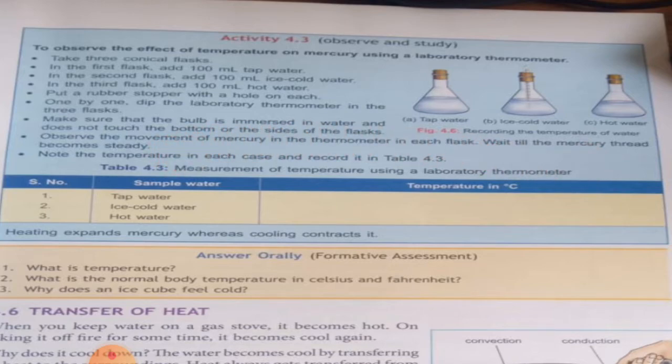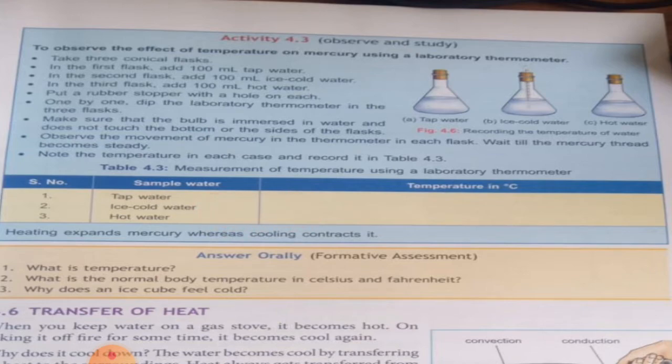Now you have to note the temperature in each case and record it in table 4.3. Here you can see that table 4.3 is given, and you have to write the temperature in front of tap water, ice cold water, and hot water.